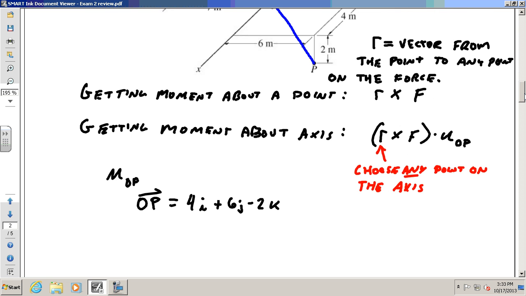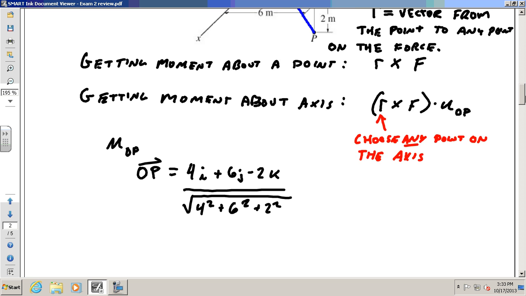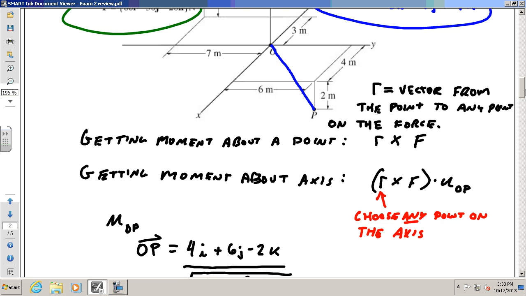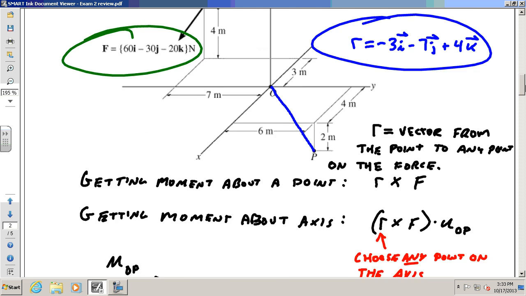And then you divide by its magnitude, the square root of 4 squared plus 6 squared plus 2 squared. So that's not too bad. So that's a quick review of the first problem.